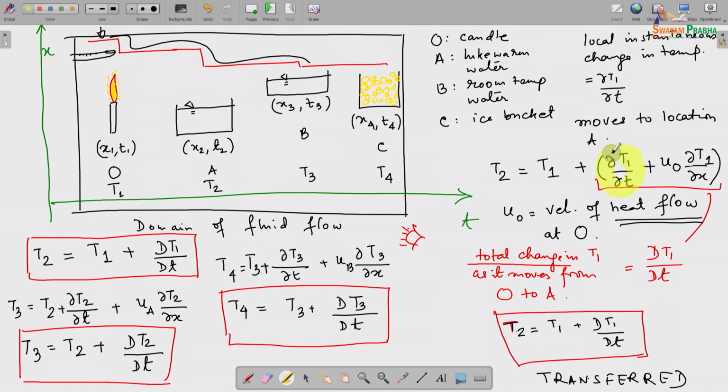That will be delta T1 over delta T, then in the Lagrangian view delta T2 over delta T local, and then delta T3 over that, and what I haven't written is delta T4 over delta T, right. So, the ones that I have highlighted in yellow are essentially the Lagrangian point of view.